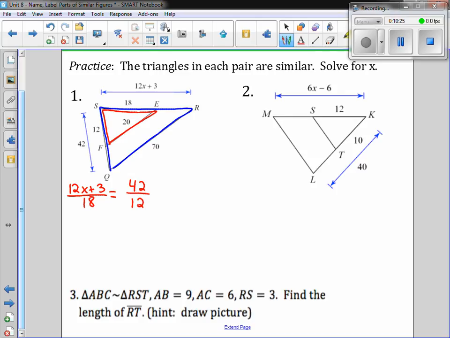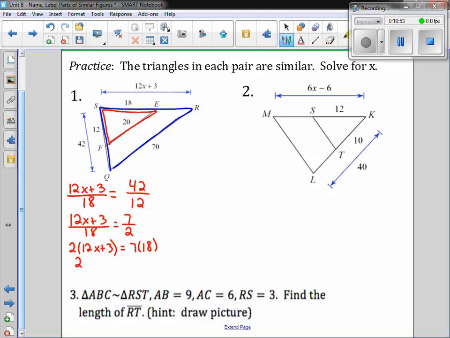I'm going to simplify 42 divided by 12 to make my multiplication a little bit easier. This actually simplifies by dividing by 6, and we have 7 halves. That way when we multiply, 2 times 12x plus 3 and 7 times 18, we're multiplying smaller numbers.